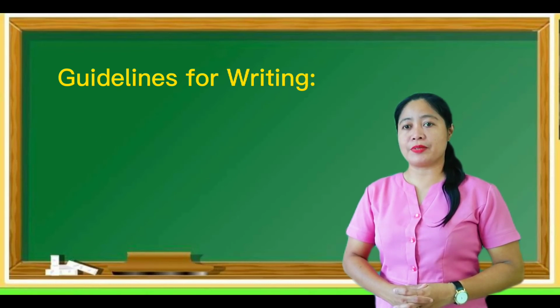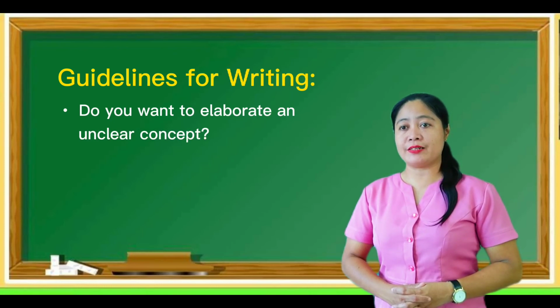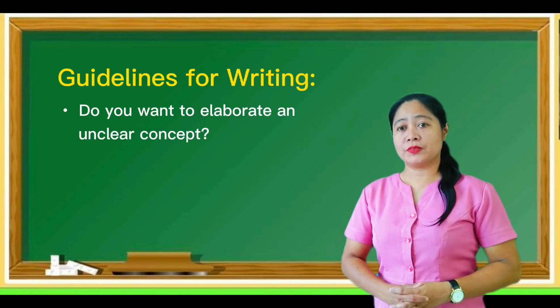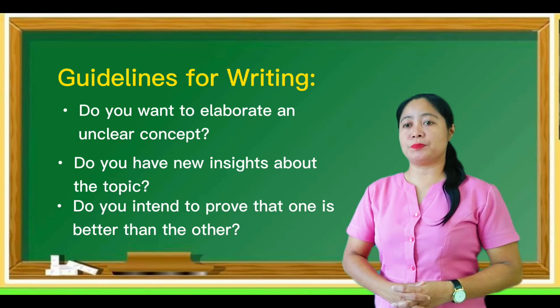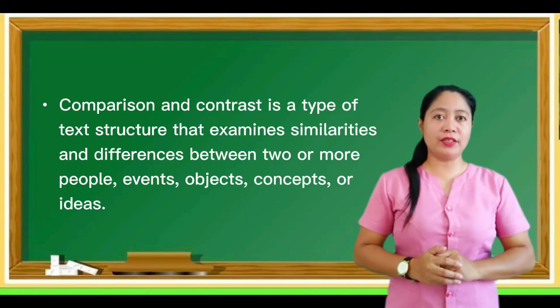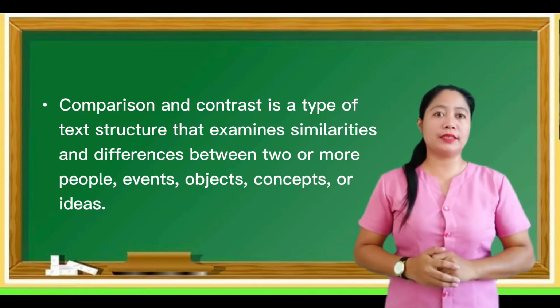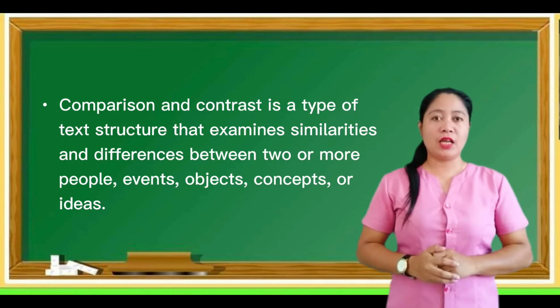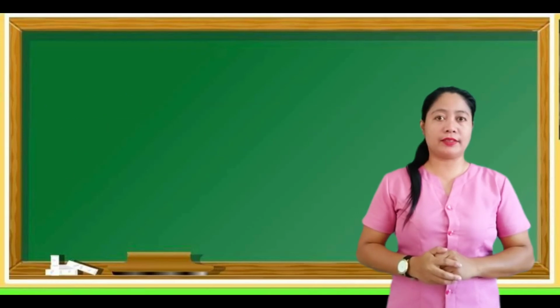Try to ask yourself these questions. Do you want to elaborate a clear concept? Do you have new insights about the topic? Or do you intend to prove that one is better than the other? Remember, comparison and contrast is a type of text structure that examines the similarities and differences between two or more people, events, objects, concepts, or ideas.